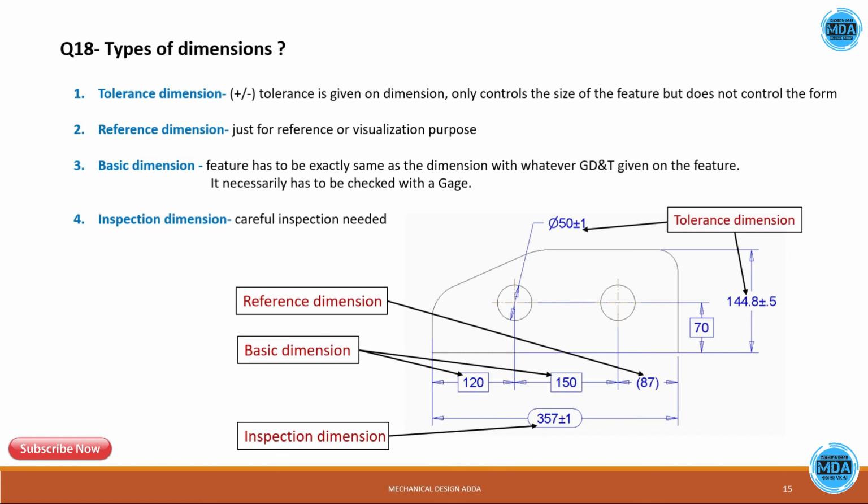Third one is the basic dimension. The definition of the basic dimension is the theoretical exact dimension, but as we know, an exact dimension can't be manufactured. Whenever we use a basic dimension, at that time we apply GD&T, or a geometrical control, over that dimension, so that indirectly, with the help of the geometric control, we are providing the tolerance.